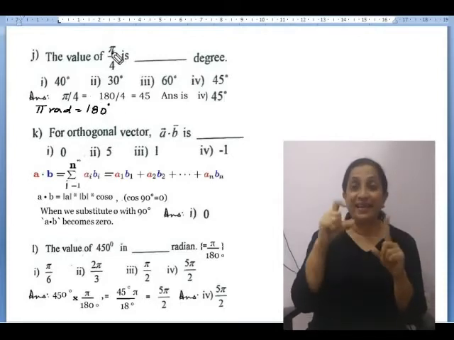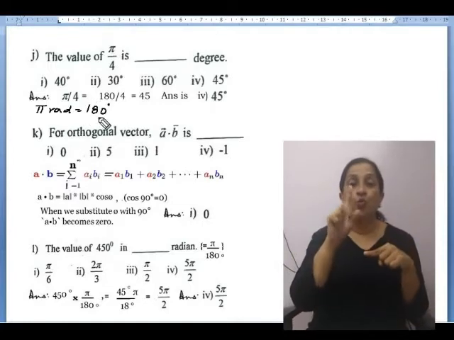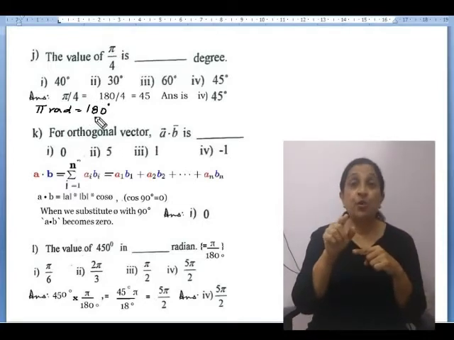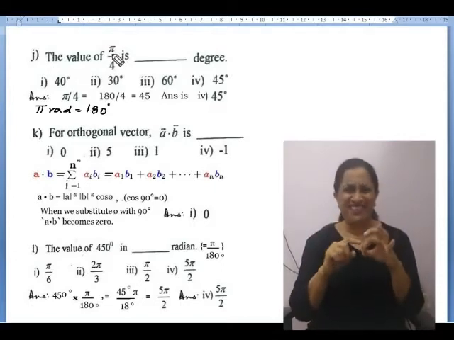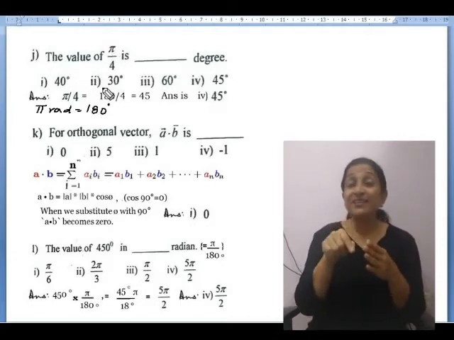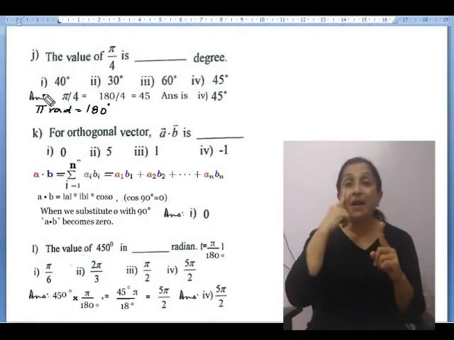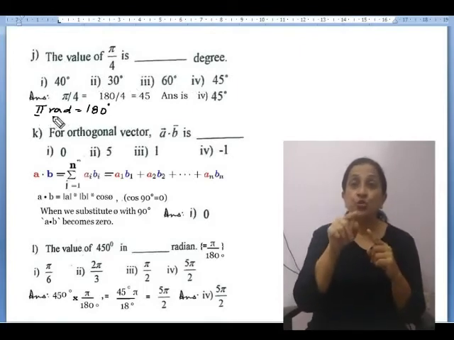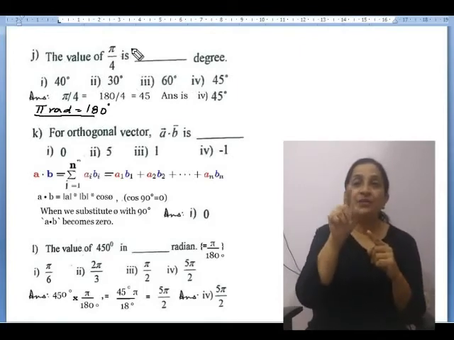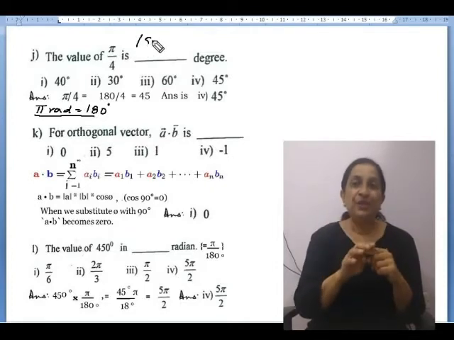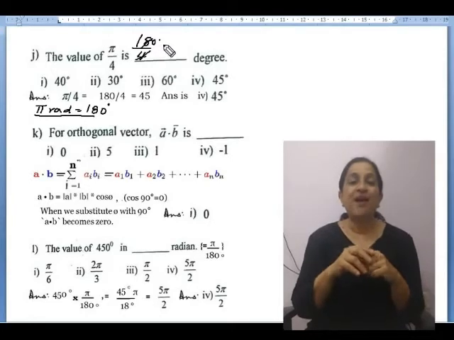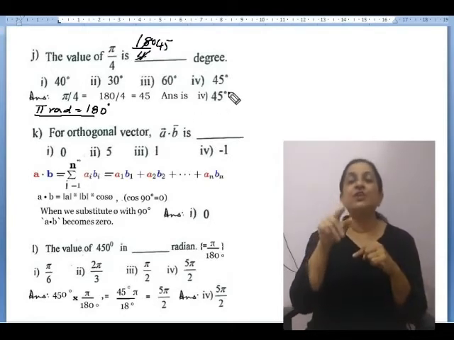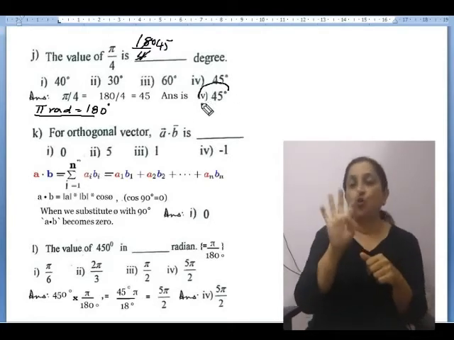Some questions will give pi and ask you to find degrees. Some places they will give degrees and ask you to find the value in pi. Here pi is given, and they have asked the answer in terms of degrees. So instead of pi, you straight away replace it by 180. So here it will become 180 divided by 4. If you cut it, it will be 45 degrees. This is the answer.